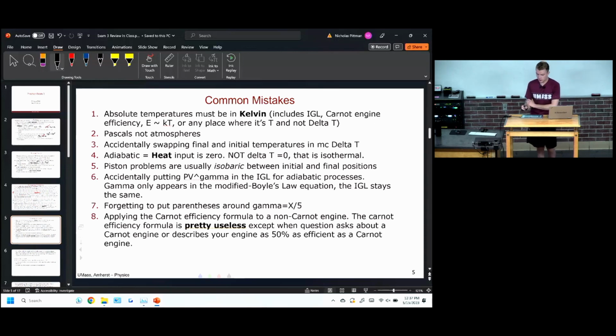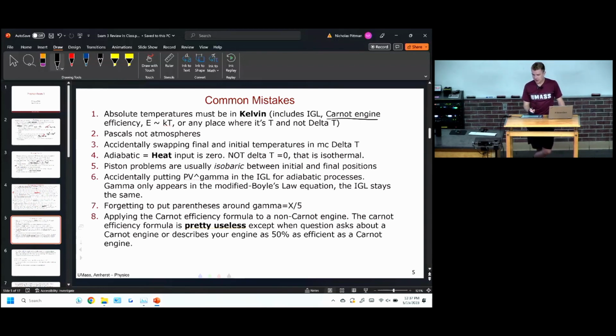But for these equations, I think you're used to it in the ideal gas law, but it's especially tempting to forget about it during the Carnot engine problems. So just make sure you're using kelvins. If you aren't getting an answer for one of these problems and you can't figure out why, worth checking this out.